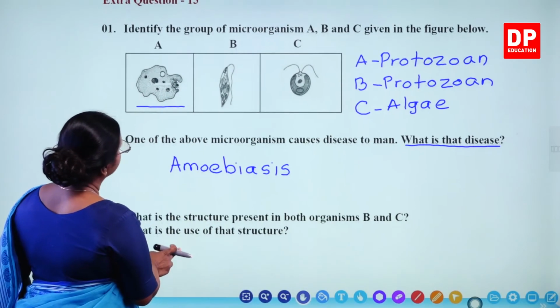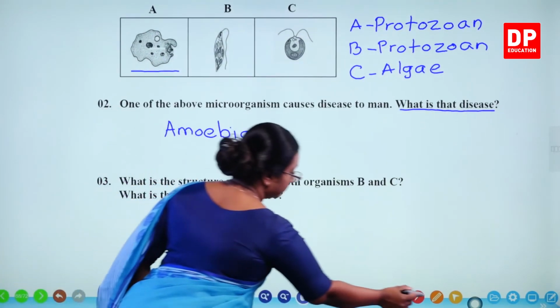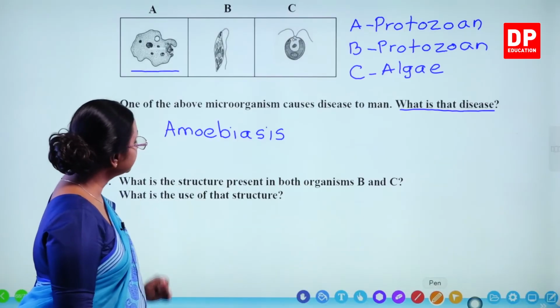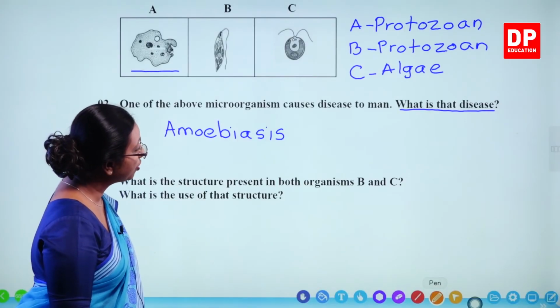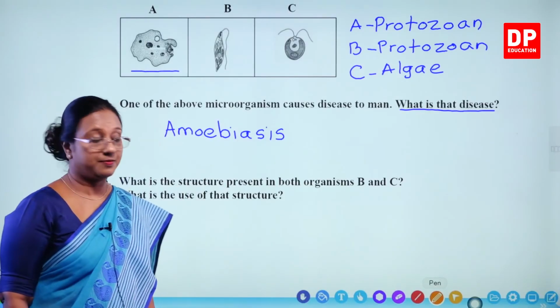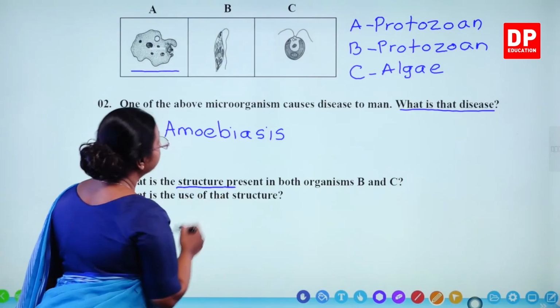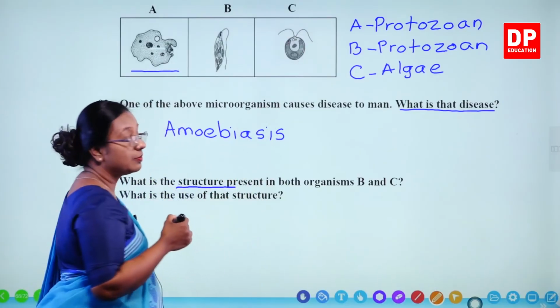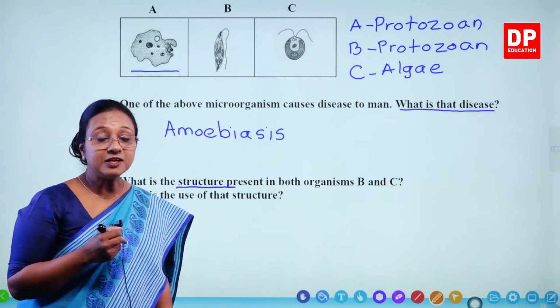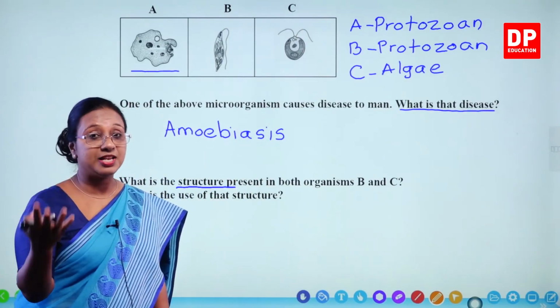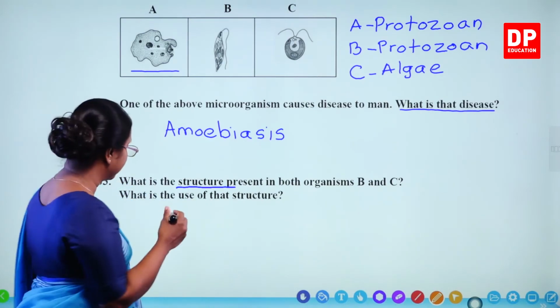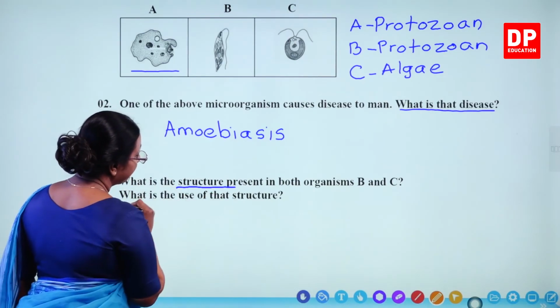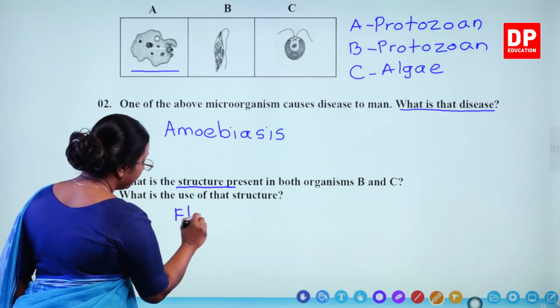Then the next one. What is the structure present in both organisms B and C? What is the structure present in both? Here you can see the hair-like structure. What is that? It is the flagellum or flagella. When there are more, we call it flagella. So here, since they have a structure, we can say flagellum.